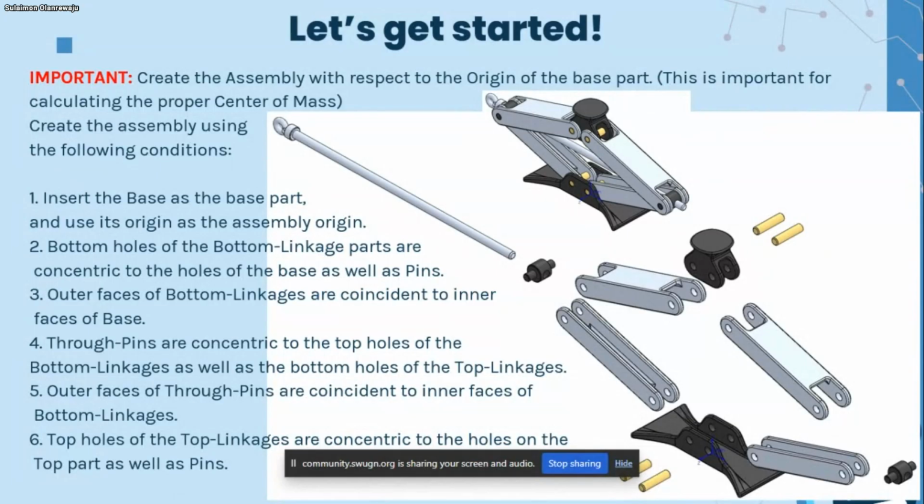But the part environment and the assembly environment are two different sessions. Since they said to insert it first and use its origin, you have to create a relationship between the origin of the base part and the origin of the assembly. That can be easily done using the coincident mate.